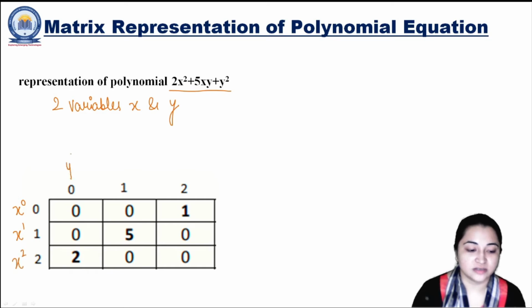This represents y raised to 0, y raised to 1, y raised to 2. Now in this equation we have x term but y term is absent, so we will put it as 0. Then we have 5x raised to 1, y raised to 1, and we don't have any x term, so constant will be 1.